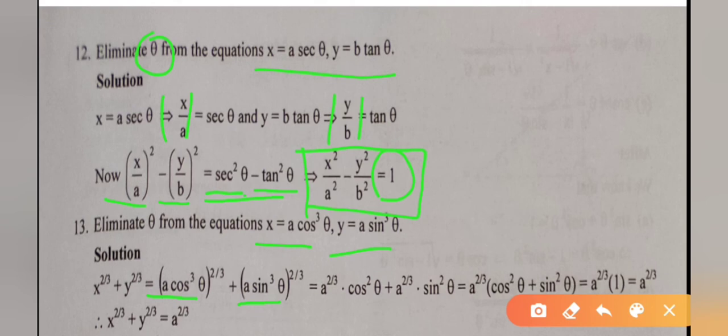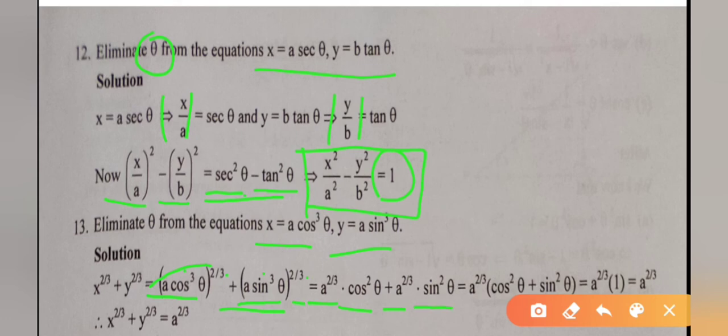Now take the power separately: a to the power 2 by 3, cos cube to the power 2 by 3 means here 3 gets cancelled, only cos square theta remains. Similarly here also, a to the power of 2 by 3 and sin cube theta to the power 2 by 3 means here also 3 gets cancelled, only square remains, that is sin square theta.